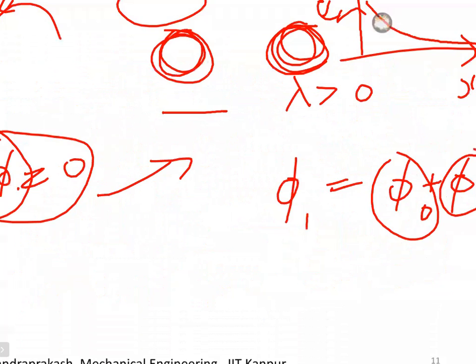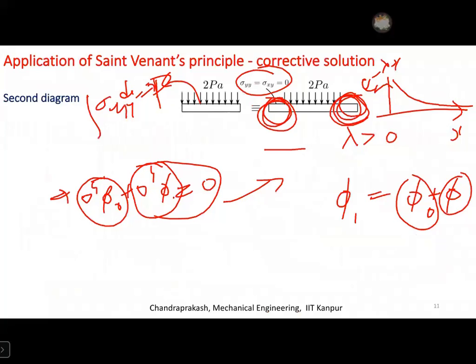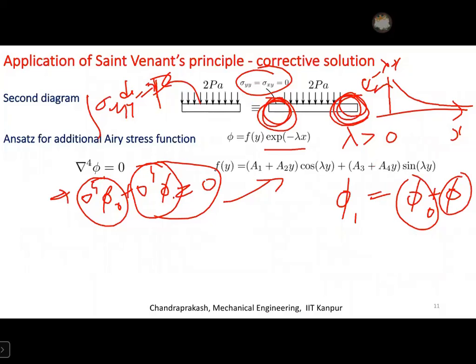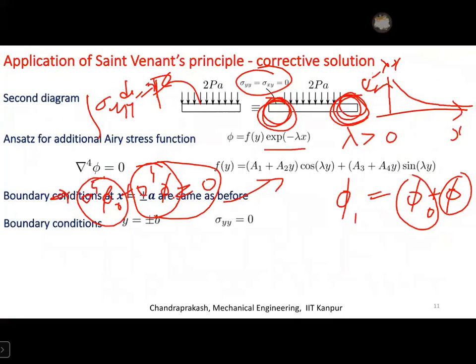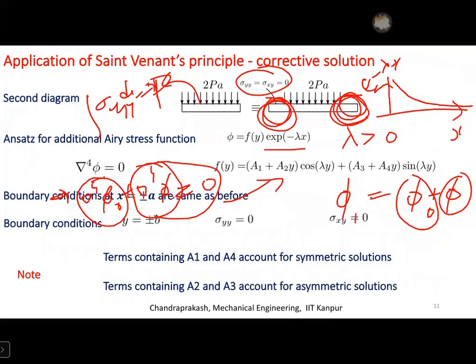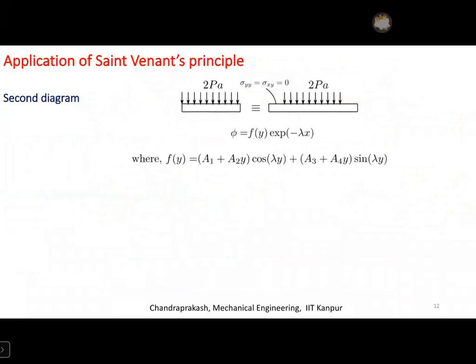Okay, so we have our general solution, and we also have the form of the dependence of the function f of y, and we know our boundary conditions. So let us go ahead and apply these boundary conditions. So this is my solution and the boundary conditions are known.